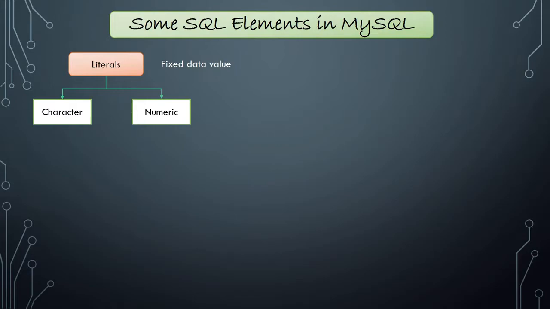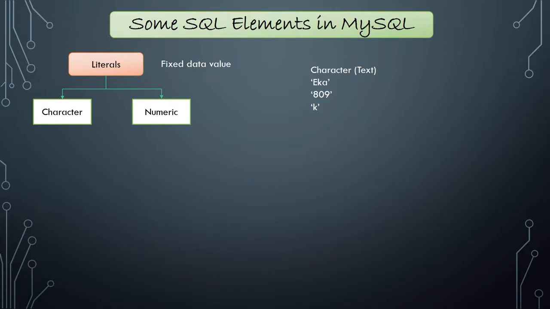In character, we can take characters like alphabets A, B, C, D, or we can take numbers also. But here we have the example of character or text. So you can see over here Eka. This is a string or a text, right? 809. Why am I saying it's a character?